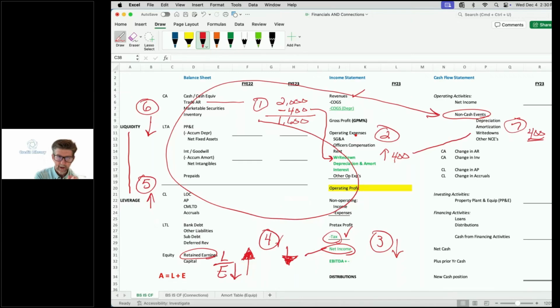But when we look at it that way, we know when this happens, whether it's an AR write down, an impairment of inventory, an impairment of equipment, we know expenses are going up, the profit's going down, equity's going down, leverage is going up, liquidity is going down if it's AR and inventory, not if it's equipment, and it's a non-cash event recorded on the cash flow statement.